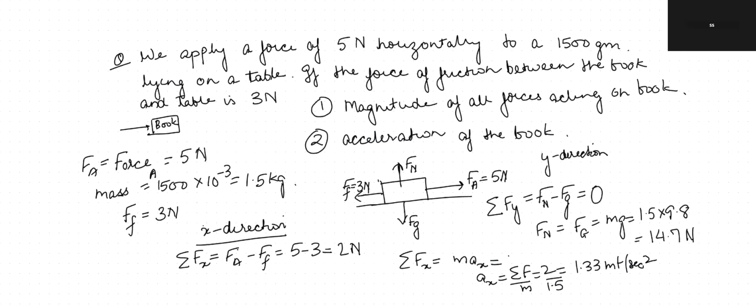So we see the acceleration is directly proportional to the net force and is inversely proportional to the mass of an object. And the acceleration and the net force are always in the same direction.